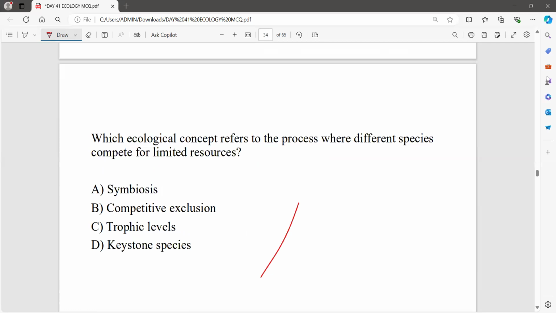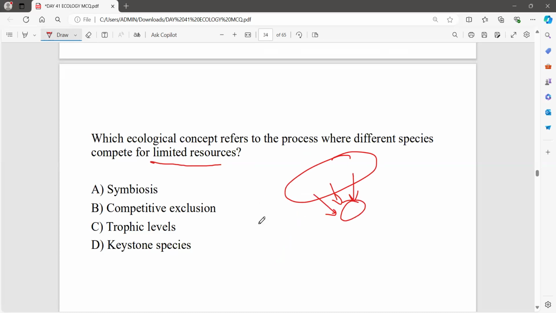Which ecological concept refers to the process where different species compete for limited resources? See, there will be a lot of organisms, but the food is only limited, and all the organisms will compete for this limited food. From this, which ecological concept emerged?